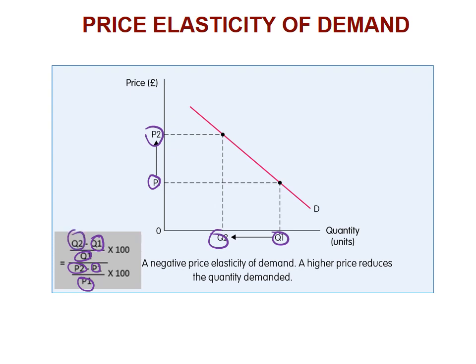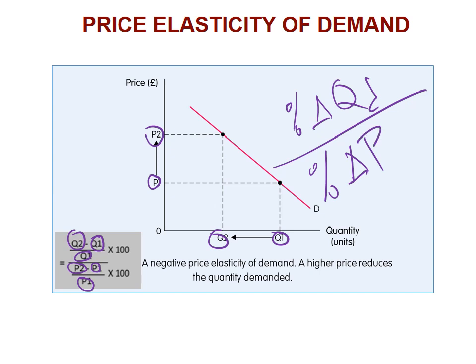So it's Q2 minus Q1 over Q1 times 100 divided by P2 minus P1 over P1 times 100. That would give you your percentage change in quantity demanded over your percentage change in price. So quantity demanded is affected by price.